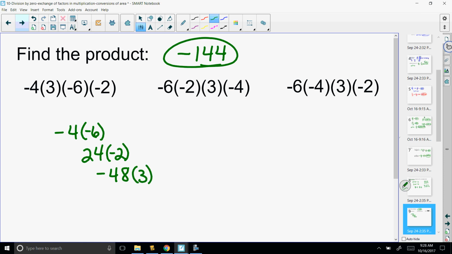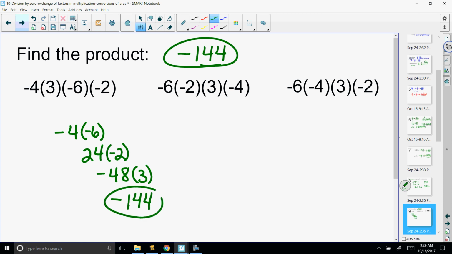So you took negative 48 times positive 3? Yeah. So Wilson grouped the negatives together, which is one way that I have written up here. He grouped the negatives together, and you can only multiply 2 numbers at a time. And he came up with negative 144.